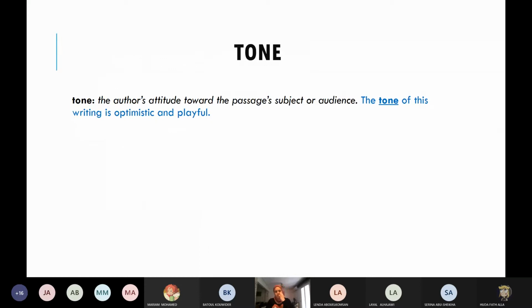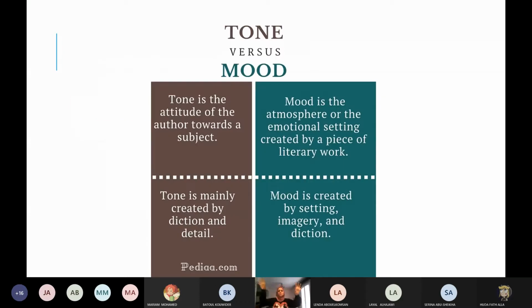We discussed tone and mood many times, but today I again want to show you tone versus mood. You don't have mood in this excerpt, but I want you to understand both.